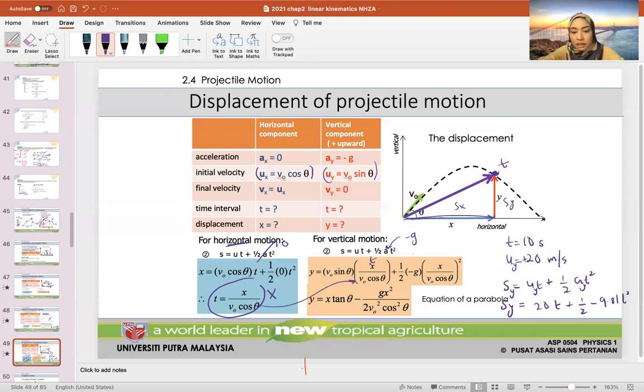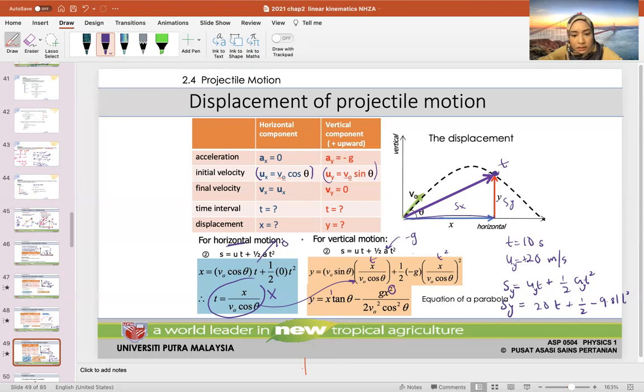So v naught sin theta t plus 1 over 2 minus g and then t squared. This is t squared. So dia rearrange this. Dia rearrange to show that dia nak tunjuk this one ada to the power of 2, and this guy to the power of 1, and this guy mana constant dia.